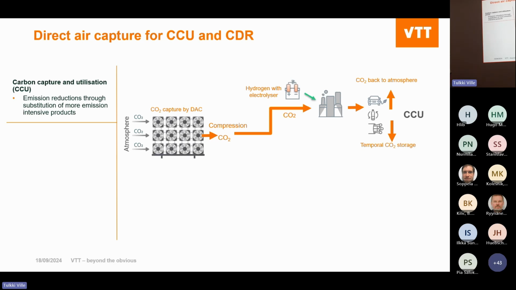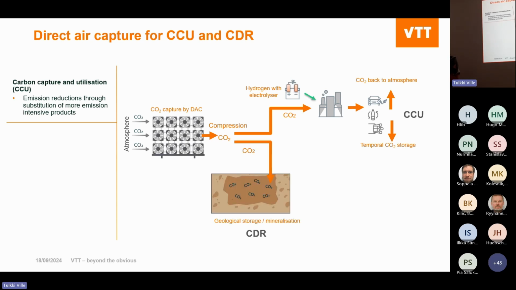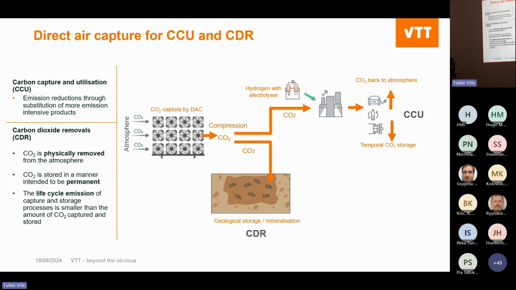Then the other option, as said, is to store the CO2 permanently. So this would be in geological storages or by mineralizing the CO2, so that the storage would really be permanent, lasting for thousands of years. And for this carbon dioxide removal, of course, we also need to understand the life cycle emissions of the process.